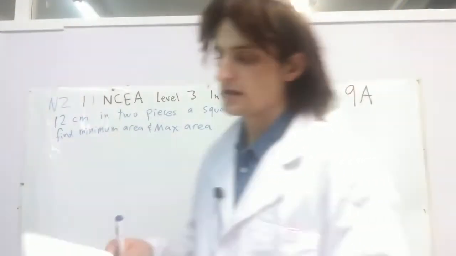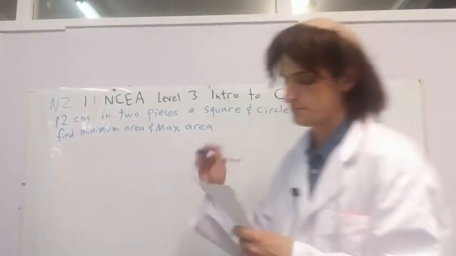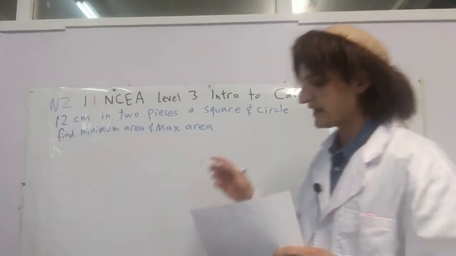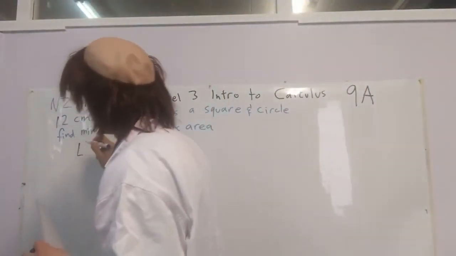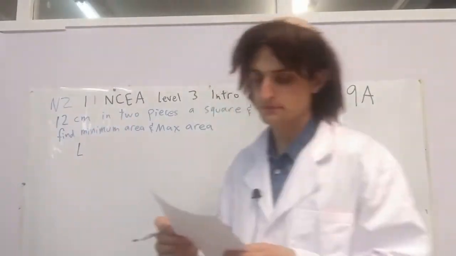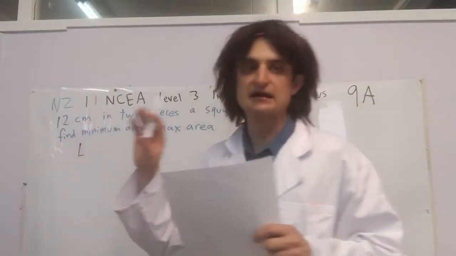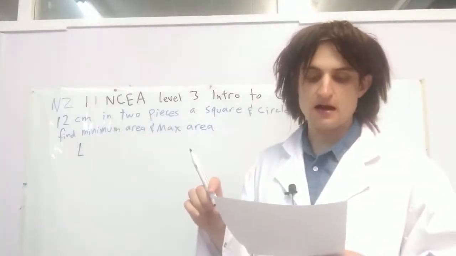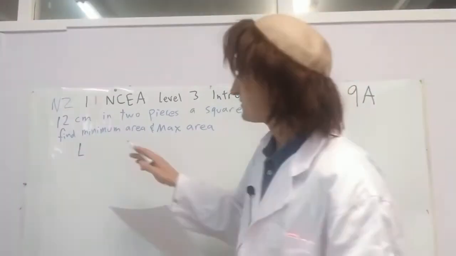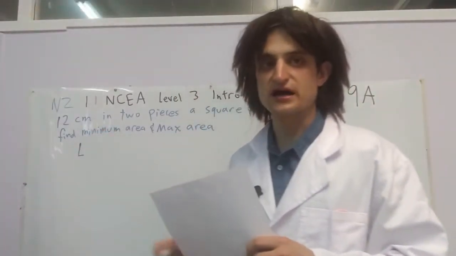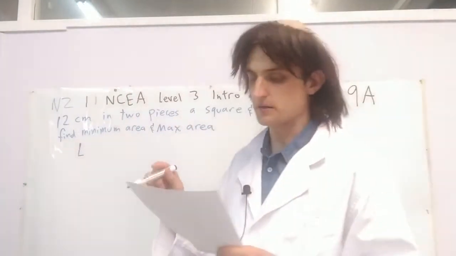So first, let's approach it from this angle. We have our length, it's 12, let's call it L. Let's find the relationship between a length of a circle and an area of the circle. The length, of course, is the circumference, which equals 2 pi r.